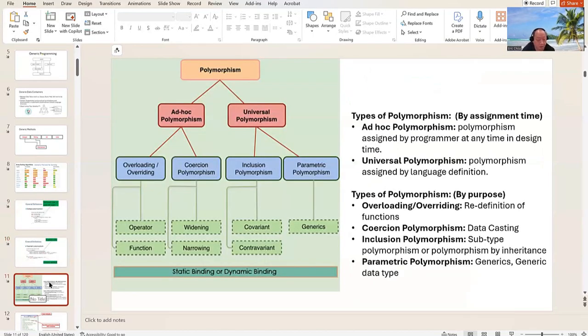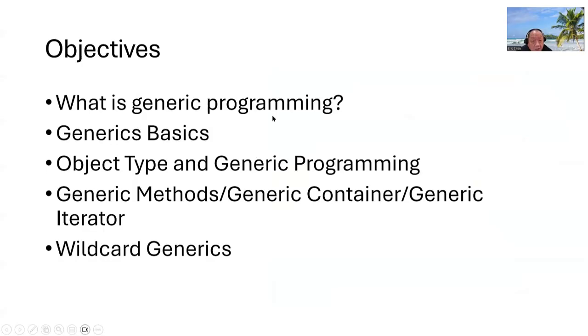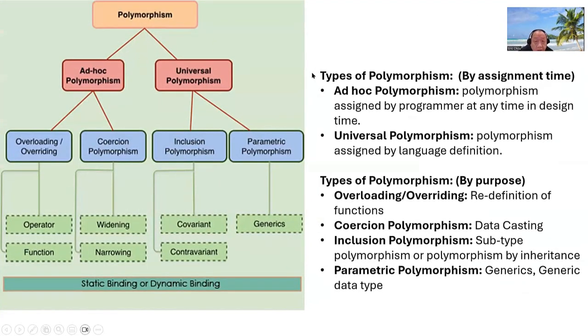So in a way, it is generic programming. We also call it parametric polymorphism. Okay, it's also called generic programming, also called parametric polymorphism. It's using generics.